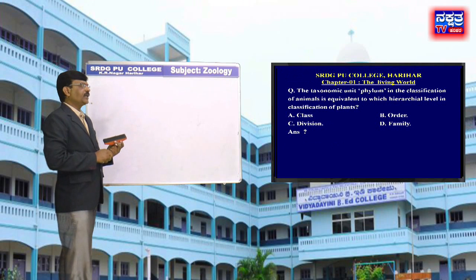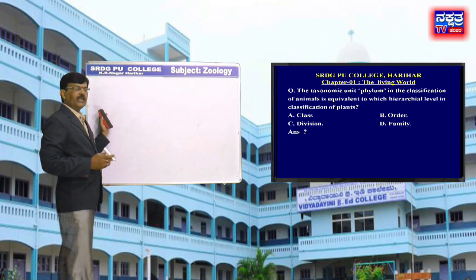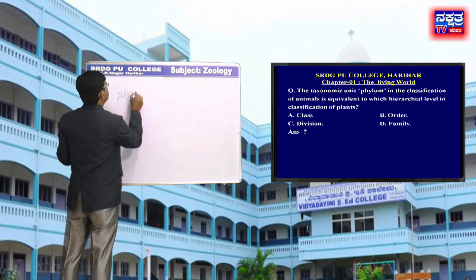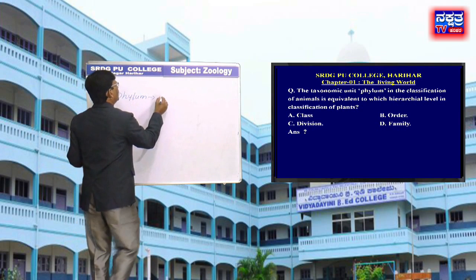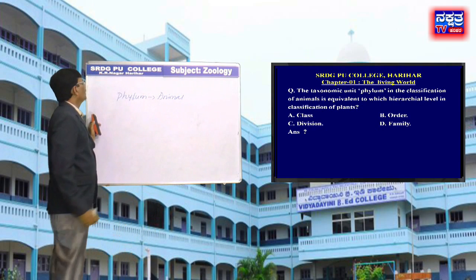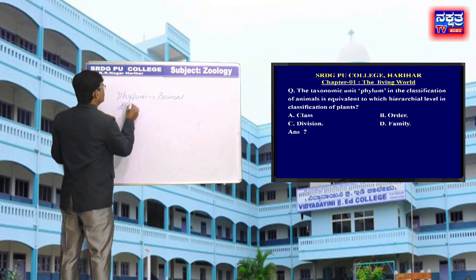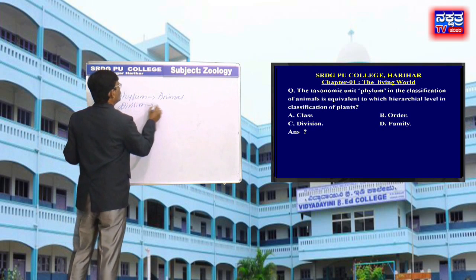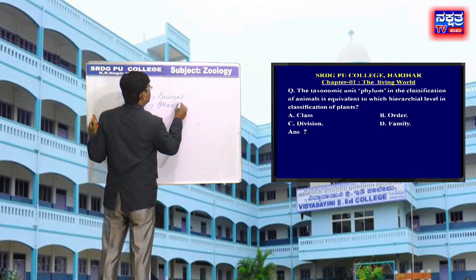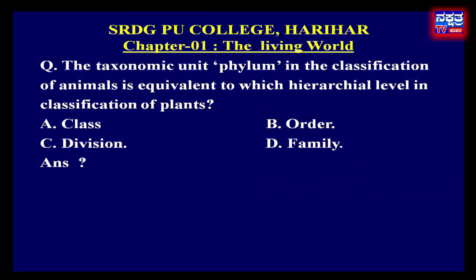In a taxonomic unit, phylum is used for animals. In the same way, division is used for plants. Therefore, in the given options, division, that is option C, is the right answer.